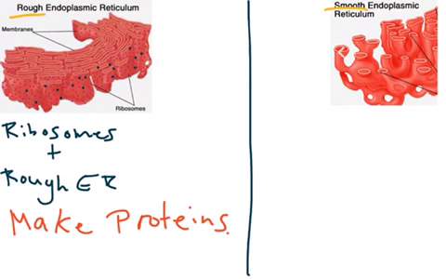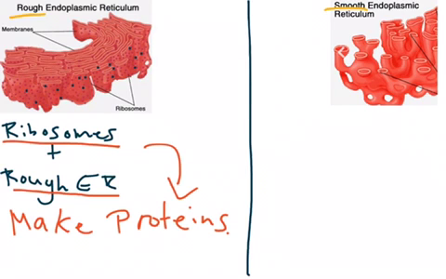And if you remember, you are made up of proteins. Your skin, your cells use proteins for structure. Just about every single part of you almost is a protein, okay? So both the ribosomes, because there are free-floating ribosomes that aren't attached to the rough ER, the ribosomes and the rough ER are responsible for making proteins, okay?